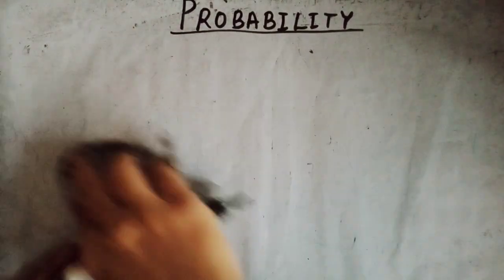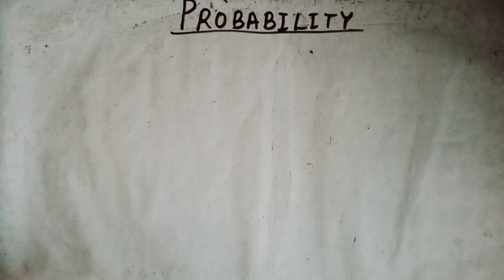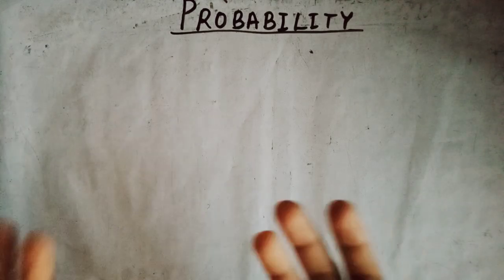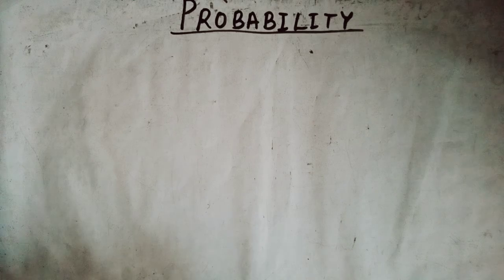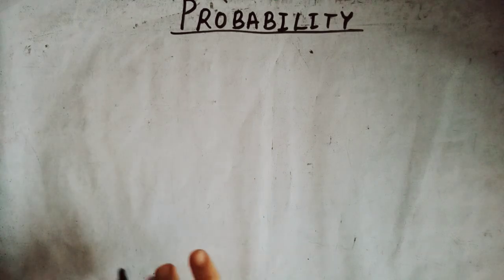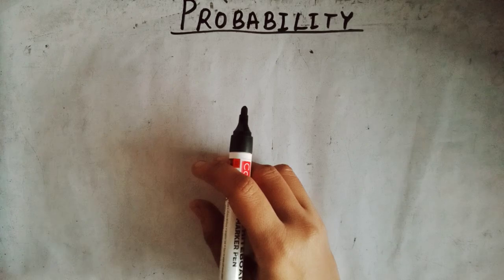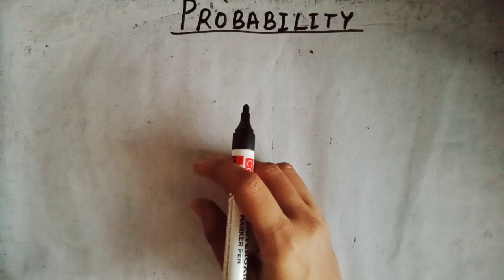It means we will be finding the probability of a certain event given that there is some condition over it, meaning some other event has already happened. Suppose we have to find the probability of event E given that F has already occurred.